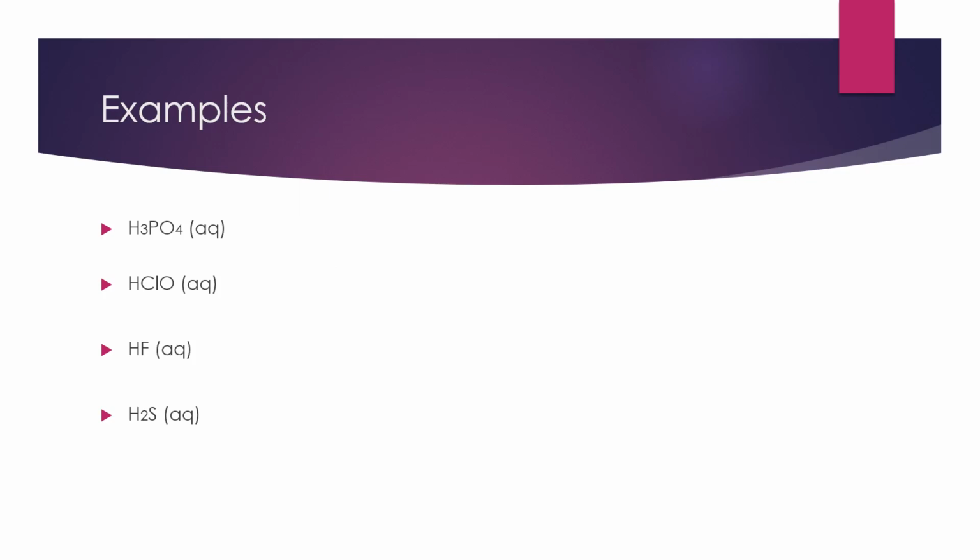Here are some examples. Pause the video for a minute or two, or the presentation, and see if you can name these acid formulas. The first one, the anion is phosphate, so the acid name is phosphoric acid.